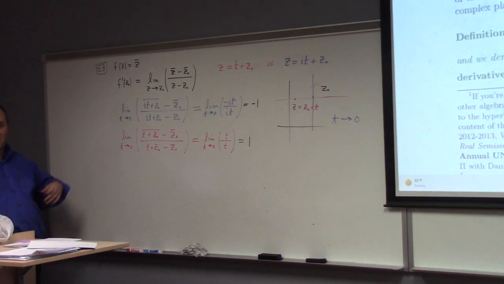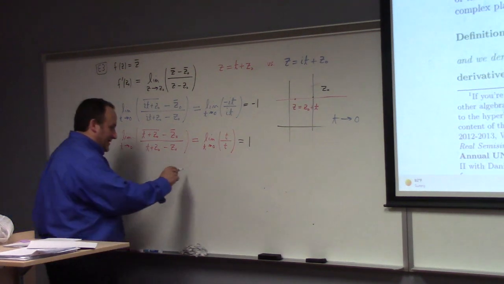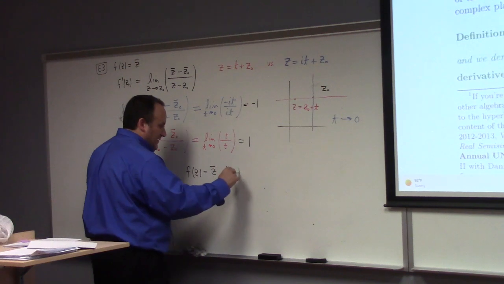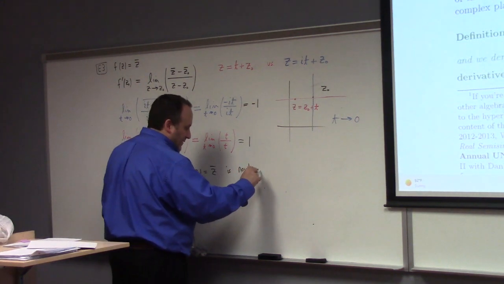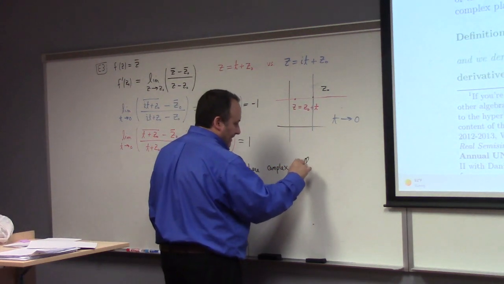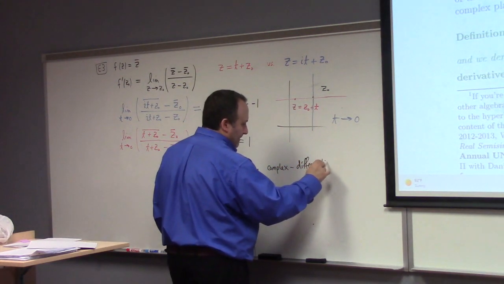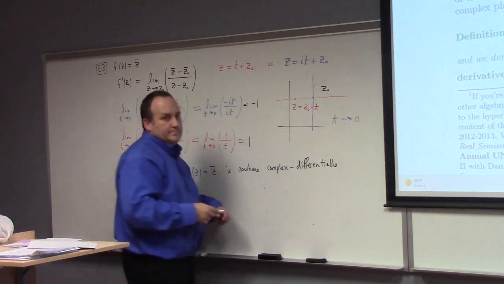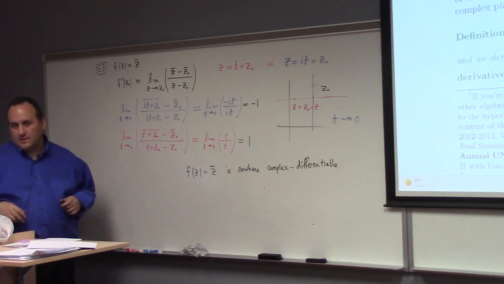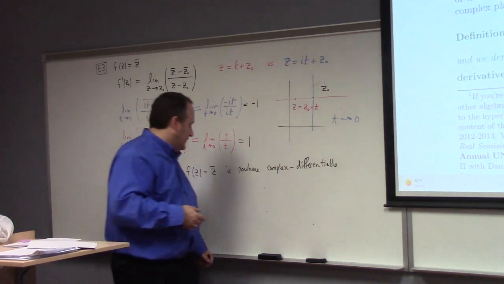Right, z naught's arbitrary here. So this shows that f of z equal to z bar is nowhere complex differentiable. All right? Are we good? All right, let me go on.